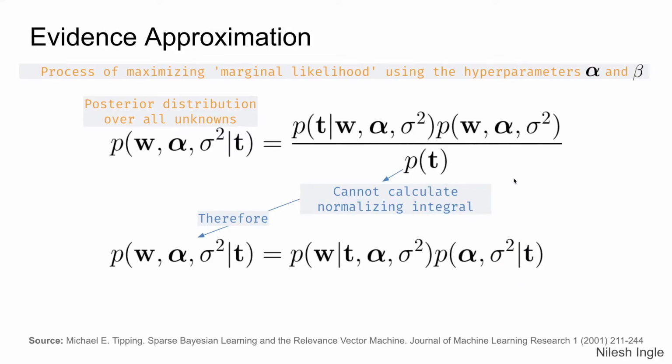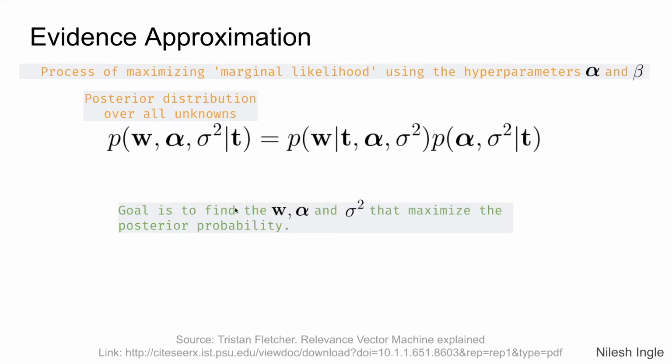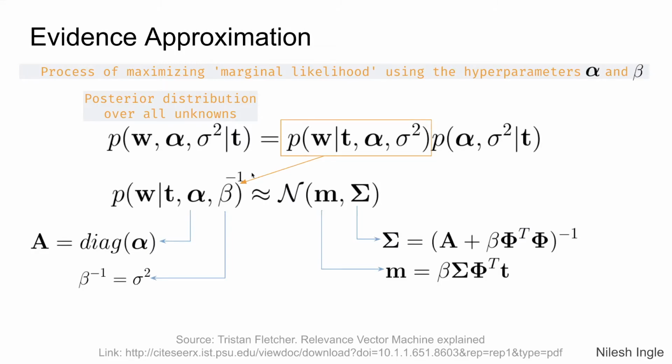So then the goal that we have is to find the values of w, alpha, and sigma square that maximize the posterior probability that's shown here. And to do that, we need to solve these two terms that are on the right hand side.